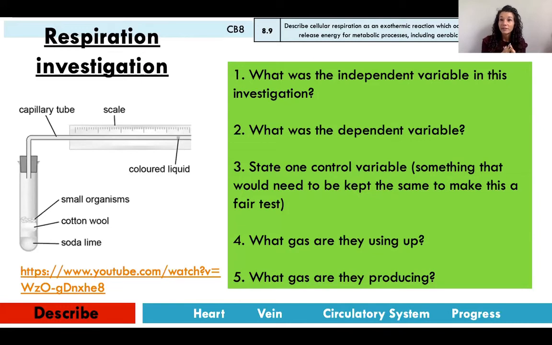What's the dependent variable? So the dependent variable is the thing that you are measuring. State one control variable, so something that you'd need to keep the same to make it a fair test. What gas are the wood lice using up, and what gas are they producing? Okay, so if you'd like to pause the video now and have a go at answering those questions, please.